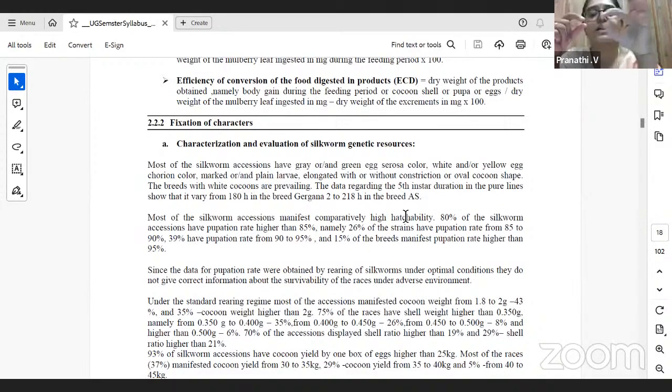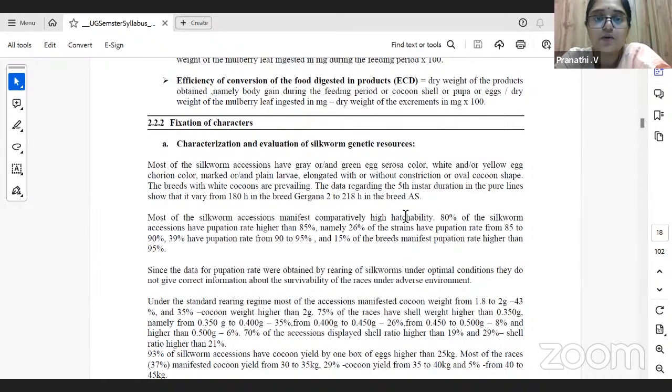And then you have a constriction at the end, or a basic oval-shaped cocoon. The white cocoons are usually the dominant ones, which are mostly available. In the pure lines, the durations vary from 180 hours in the breed Gargana 2 to 218 hours in the breed AS. That is the kind of variation we are going to see.